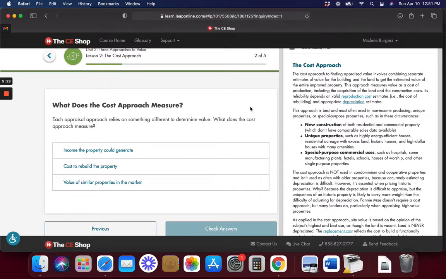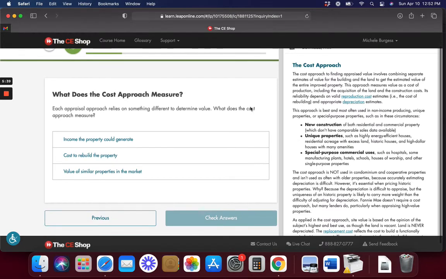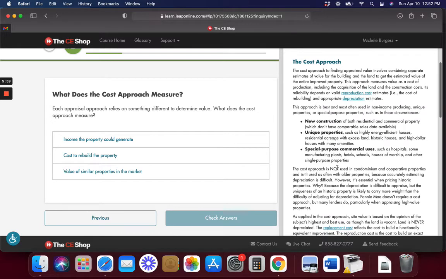All right, each appraisal approach relies on something different to determine value. What does the cost approach measure? Let's see if we can find it up here. It measures the value as a cost of production, land and construction costs.